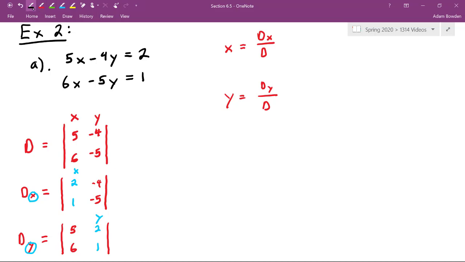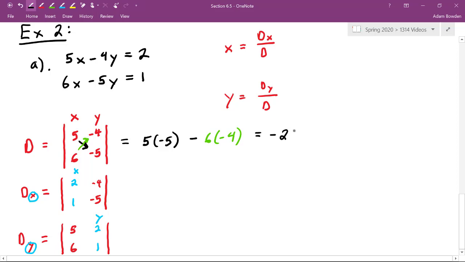Now we can calculate these the way we had started out with determinants: multiply down diagonally, 5 times -5, minus, multiply up diagonally, 6 times -4. So that's going to equal -25 plus 24, and that's equal to -1 for that determinant.